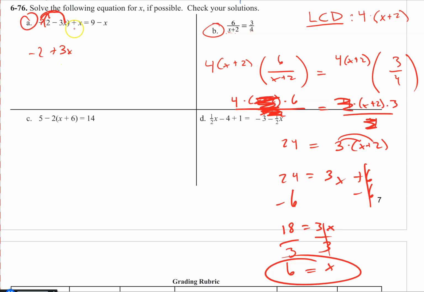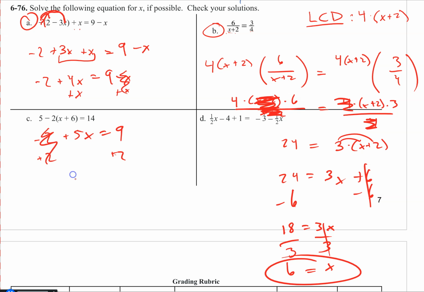Okay, so we have that, then we have plus x, equal sign, 9 minus x, combine like terms, negative 2 plus 4x equals 9 minus x, and then we add x to each side. So negative 2 plus 5x equals 9.